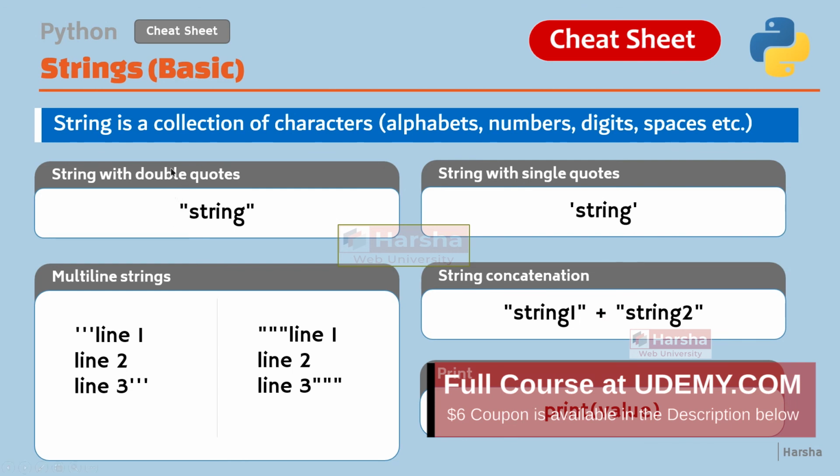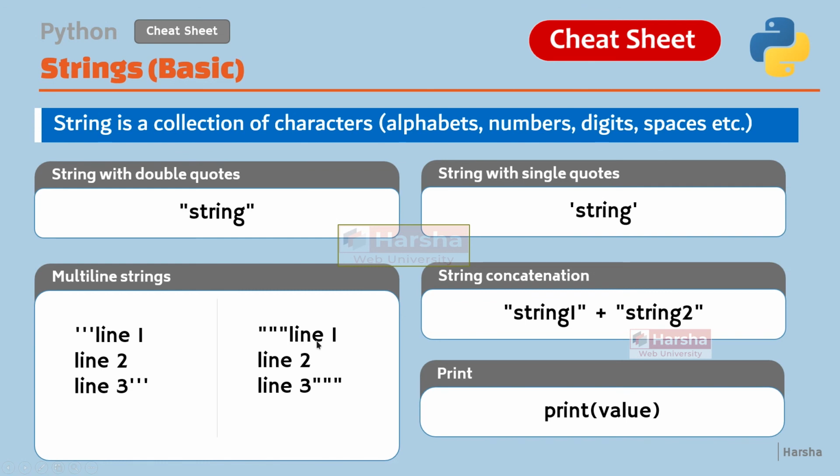So this is string with double quotes, string with single quotes, and multi-line strings with triple quotes, either triple single quotes or triple double quotes. And then string concatenation with plus, and the print function as well. You can supply more than one value.